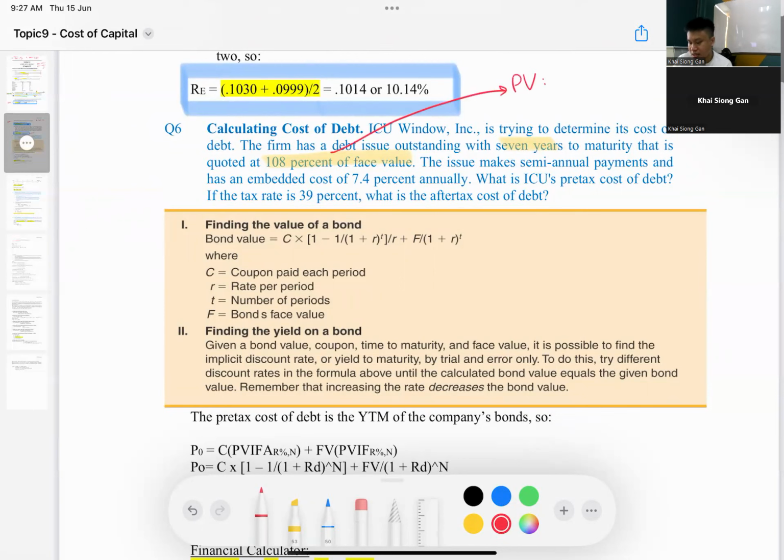So I use 1000 times 108%. You should get 1080.